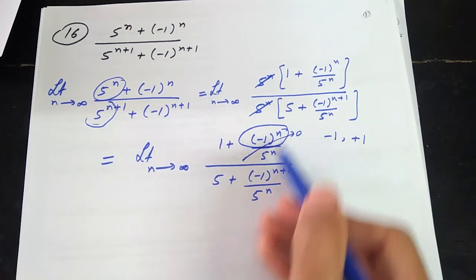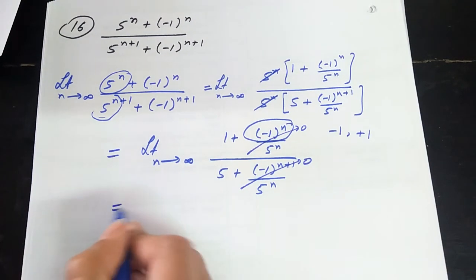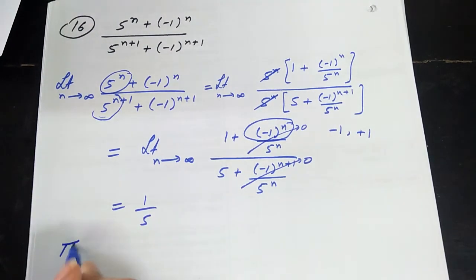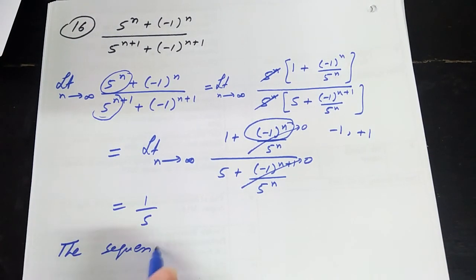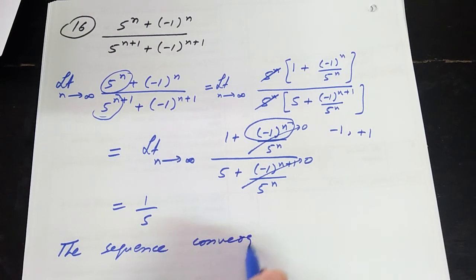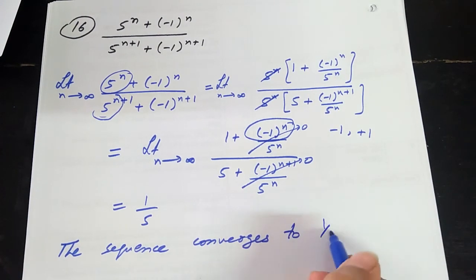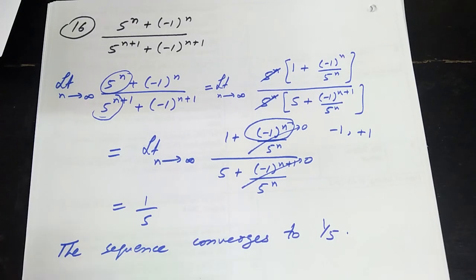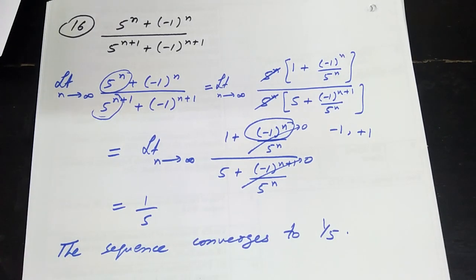So this term goes to 0, this term goes to 0, and you will get only 1 over 5. So the sequence converges to 1 over 5. This is the answer of question number 16.